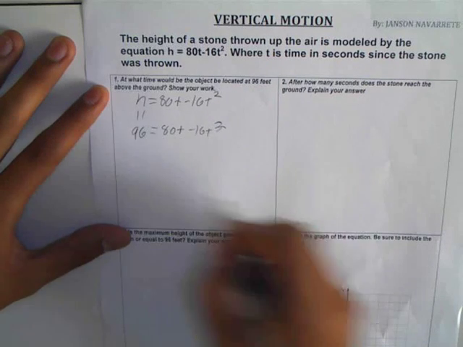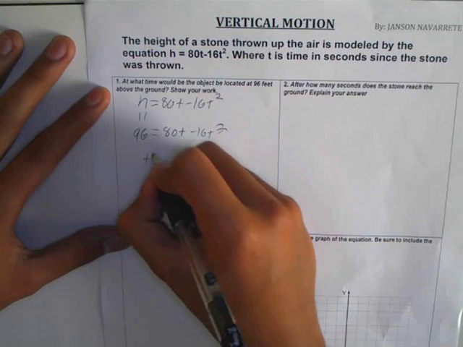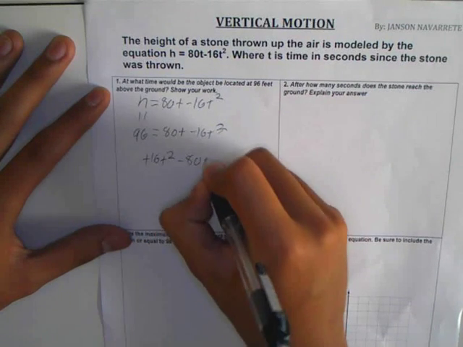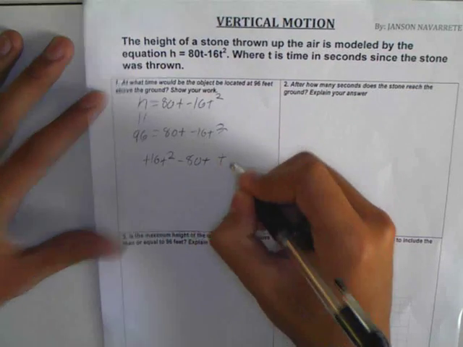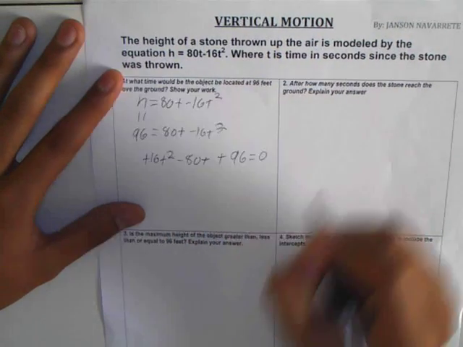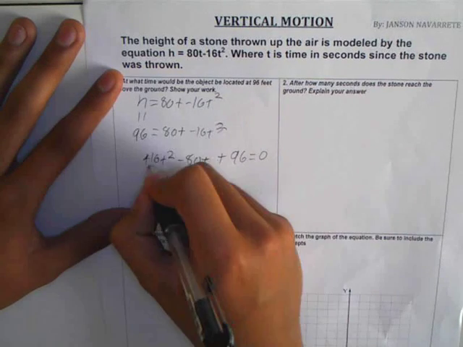And we have to put everything on one side, so it could be like an equation. So it'll be positive 16t squared minus 80t plus 96 equals 0. Then we can simplify, which we simplify by 4.